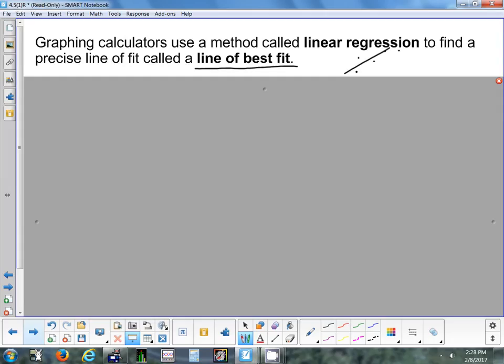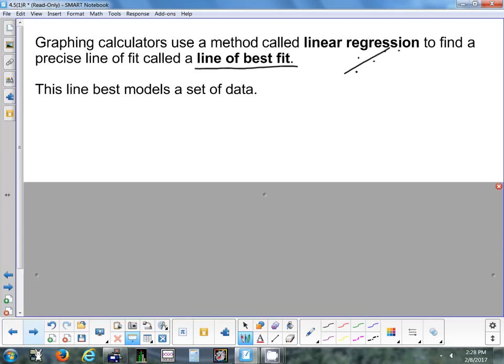And that's what that calculator can do for you. So all I'm going to do is show you how that calculator can give you the slope and the y-intercept of the most perfect line for that information. It's not that hard. You just have to type some stuff in, and then it'll give us the information we want.